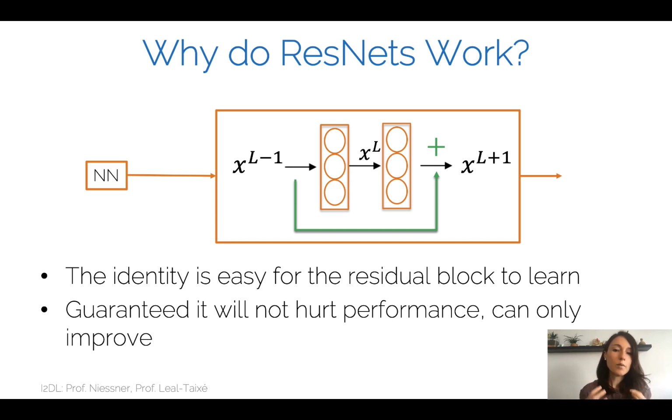And therefore, any performance that we have with this output, we're guaranteed to also have it with this output here, with the skip connection. So this is why we can guarantee that we can add as many residual blocks as we want, and the performance can only improve, but it cannot actually be worse than what we had before.